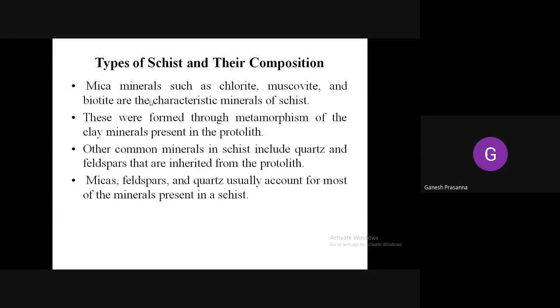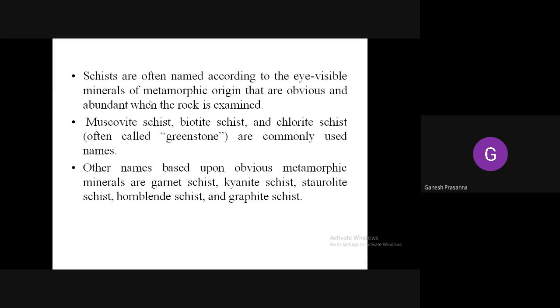Micas, feldspars, and quartz account for most of the minerals present in the schist. So they are named after the minerals present within the schist.